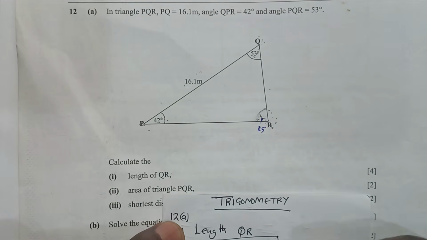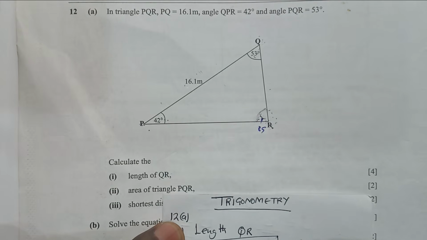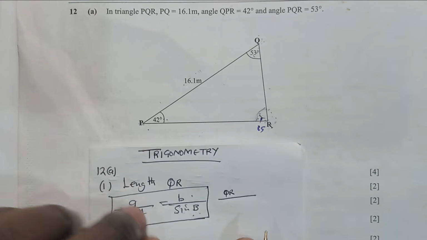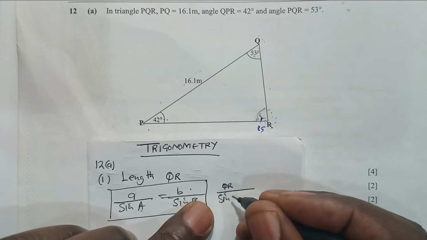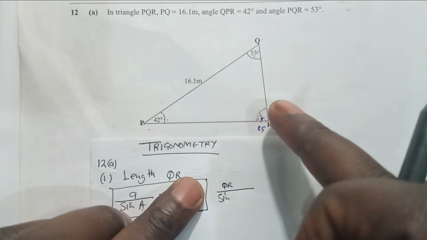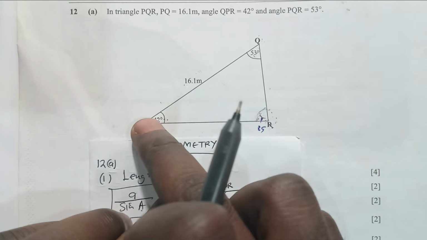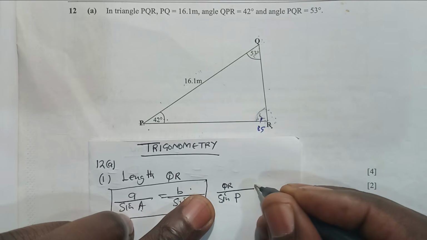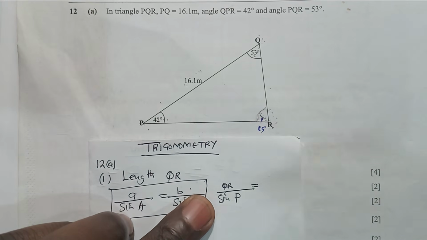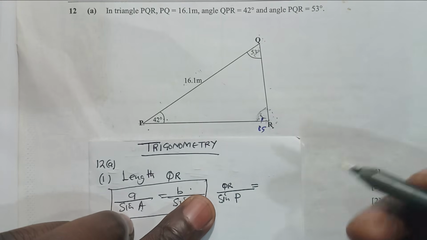QR is the side which is going to be over sine the angle which is opposite to QR. The angle opposite to this is the angle at P. So QR over sine P equals, then we need to come up with another pair which we can easily complete.